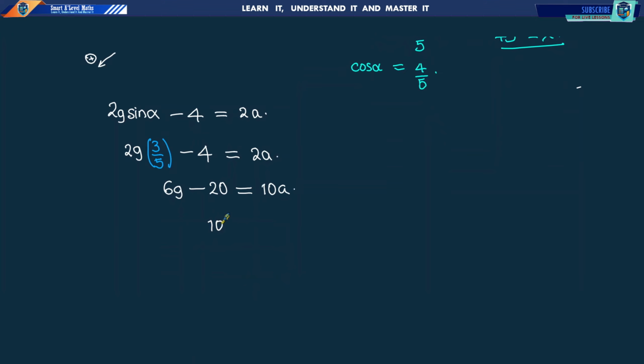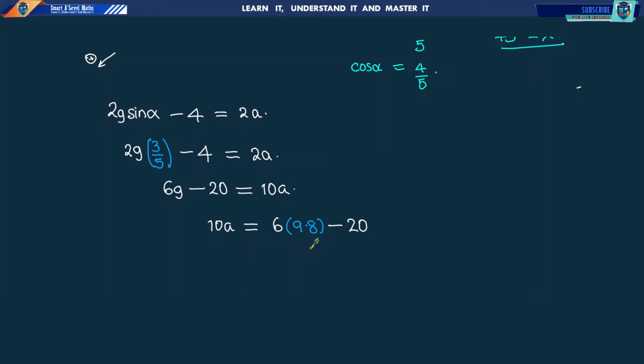So let me swap this, and we have our 10a equals 6g minus 20, and we can even replace the value for g as 9.8. Some students make mistake here by bringing in g as 10.